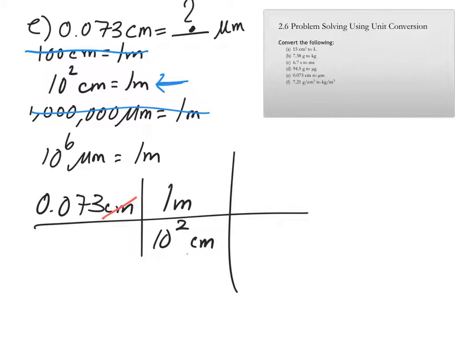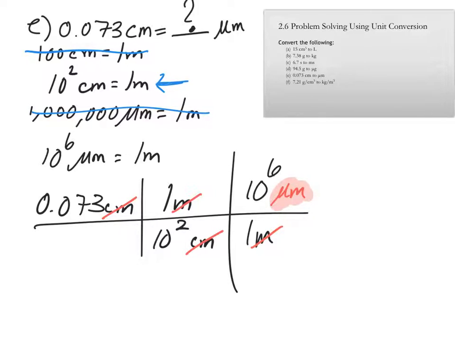Your centimeters cancel out. We want to get rid of meters and go to micrometers now. So you've got 1 meter down there and 10 to the 6th micrometers right here. Meters cancel out, and you're left with simply micrometers.